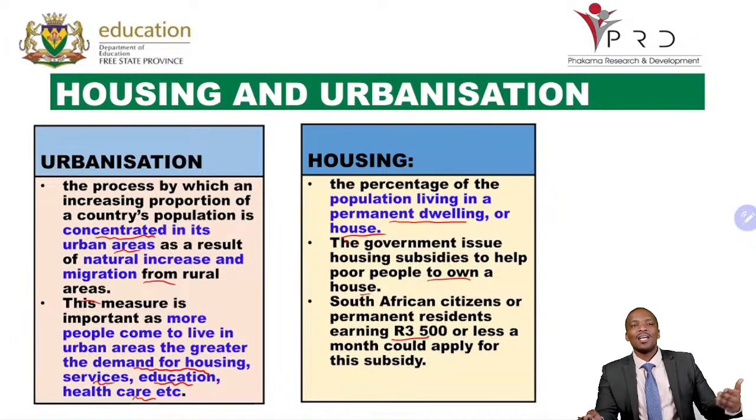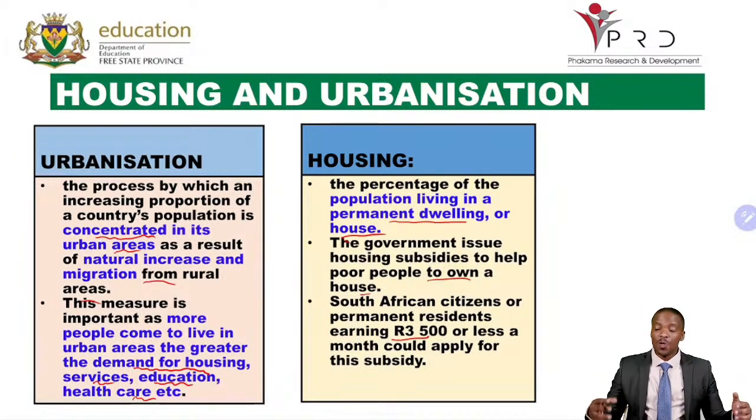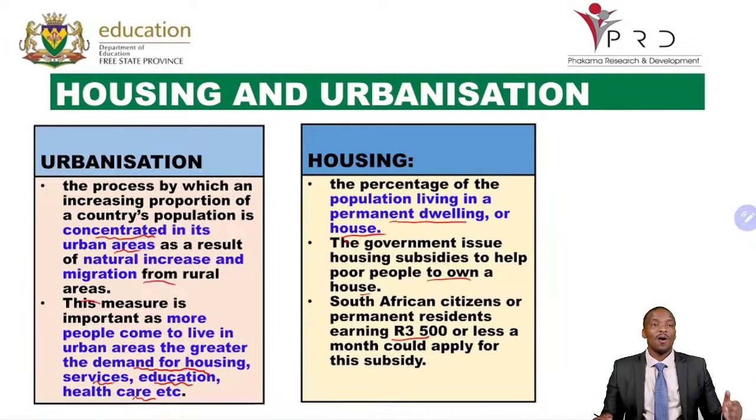You and I call it RDP housing, and those houses should have running water, electricity, sanitation, and there should be a situation where government comes and collects the refuse and garbage. So these indicators are very important. Where did we start?